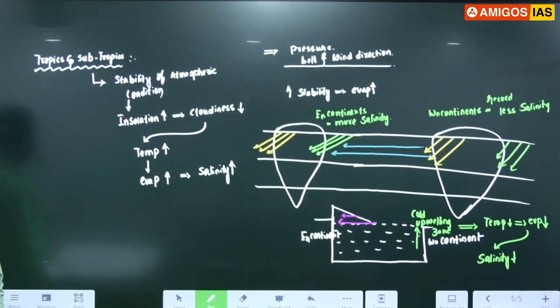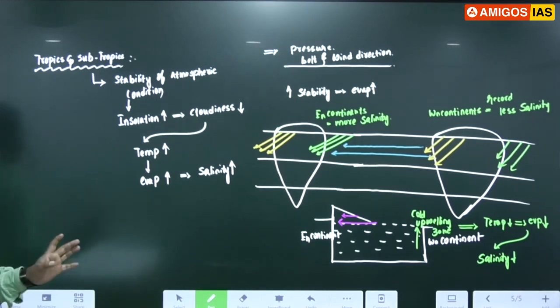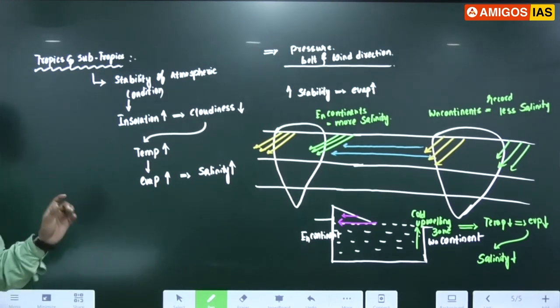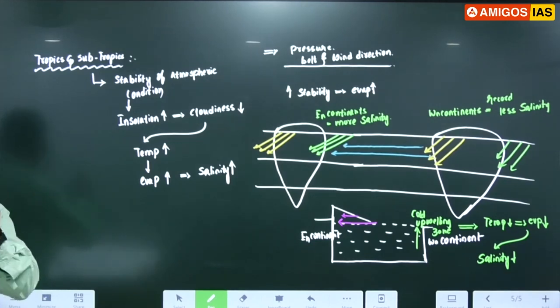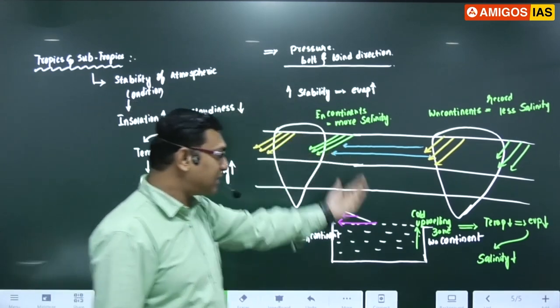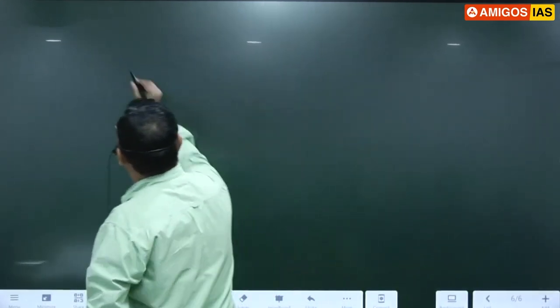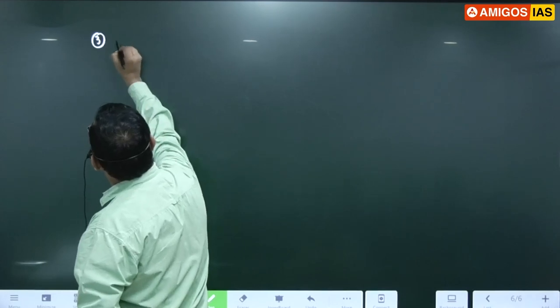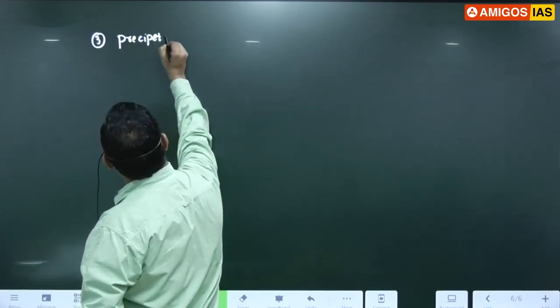Agree? Yes or no? So because of the pressure belts and wind directions, these are happening in the tropics. So what is the first one? Evaporation. Second one, pressure belts and direction. Third one is precipitation.